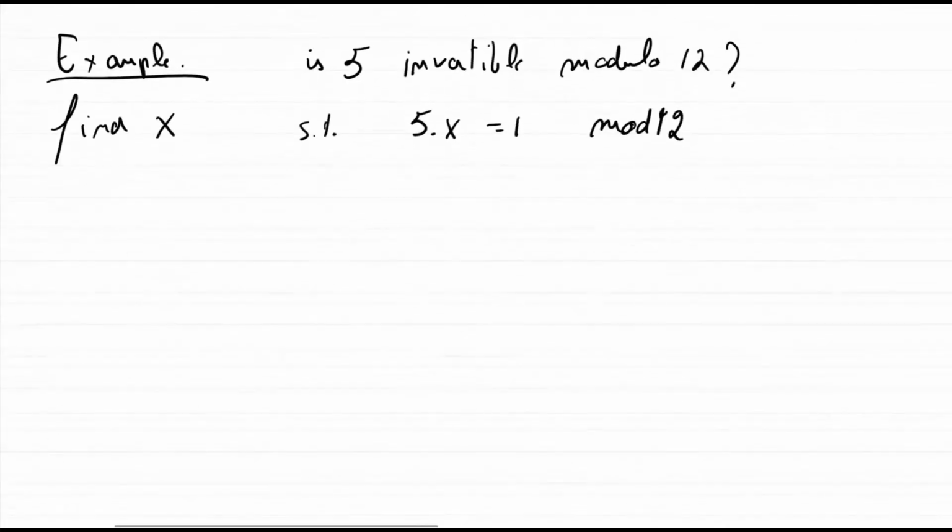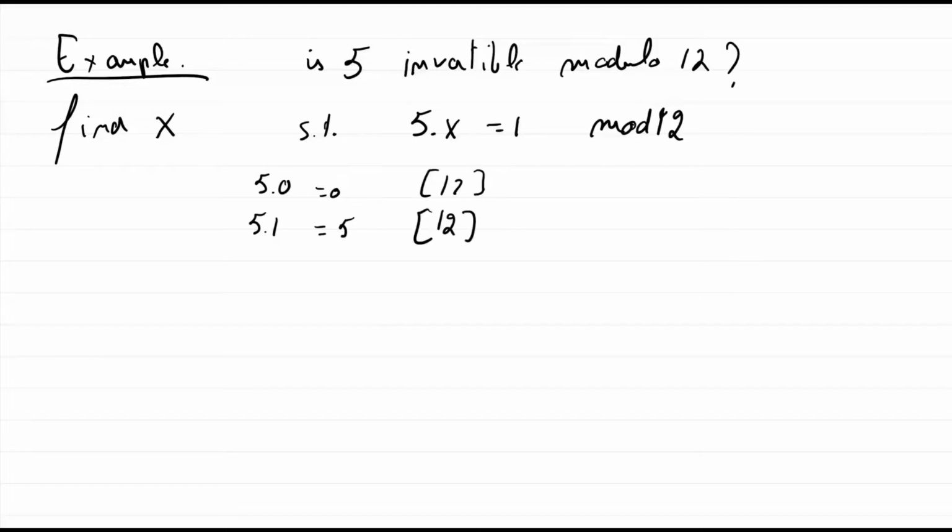Stop the video a little bit and think about it. Well, what I will do, I'll try the x's. First of all, 5 times 0 is the same as 0 modulo 12, and 0 is not 1 modulo 12. Now 5 times 1 is the same as 5, which is distant from 1 modulo 12. 5 times 2 is 10. 5 times 3 is 15, which modulo 12 is 3.